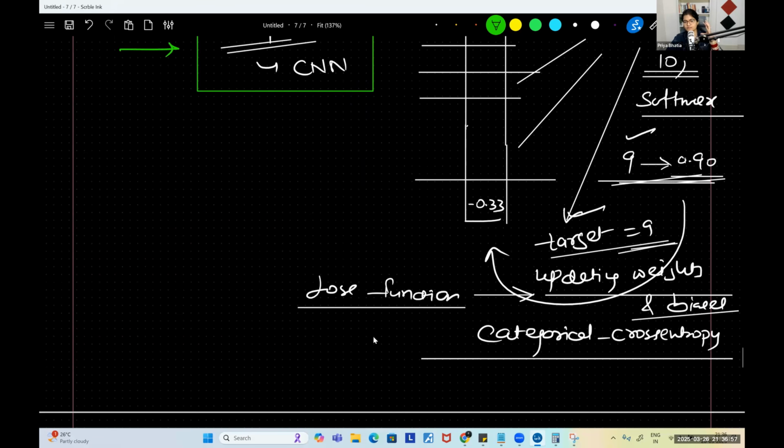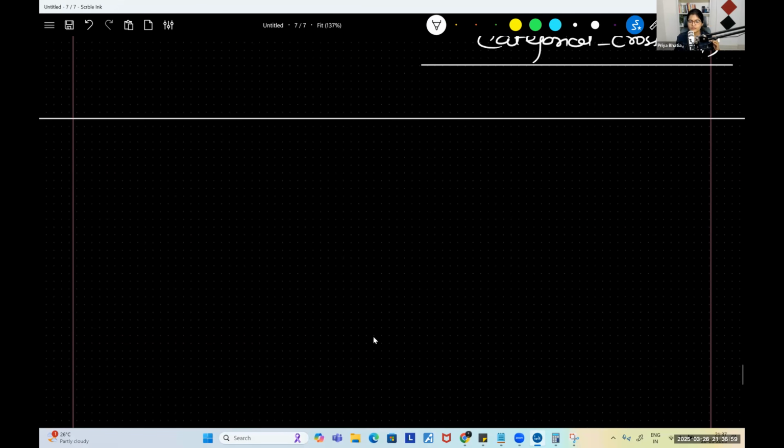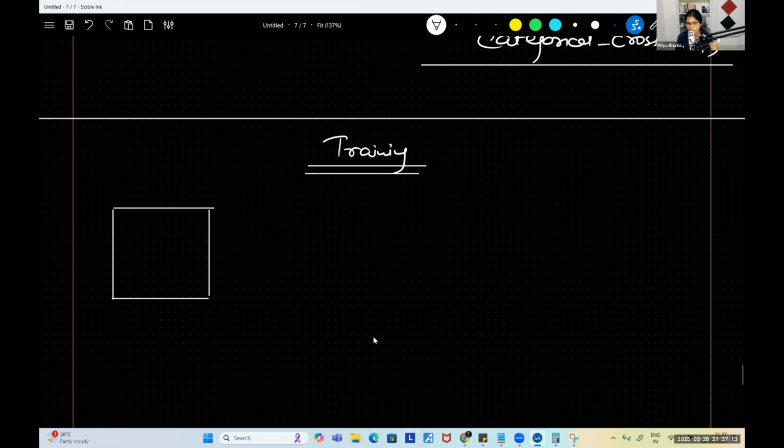So you will see what will happen when you are training your model. At the time of training, you are passing one input image which belongs to 9, something like this.